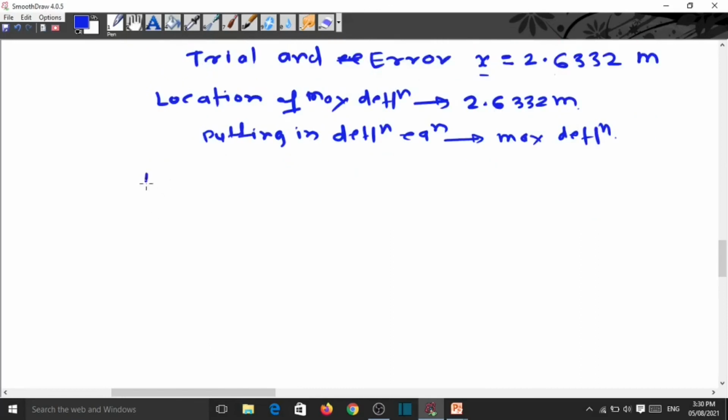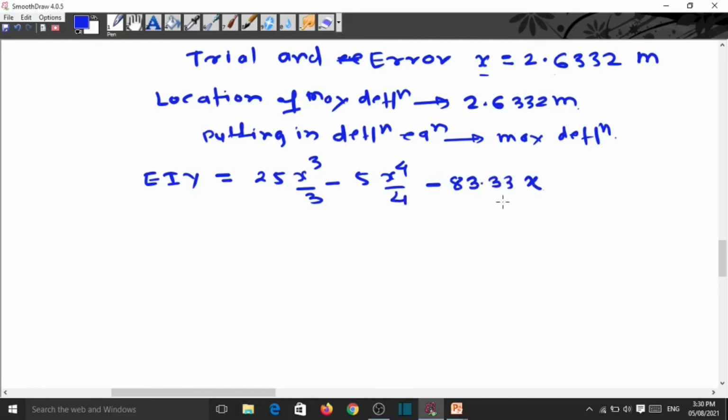EI y is equal to 25 x cube divided by 3 minus 5 x raised to power 4 divided by 4, then minus 83.33 into x, then the section plus 5 (x minus 2) raised to power 4 by 4.